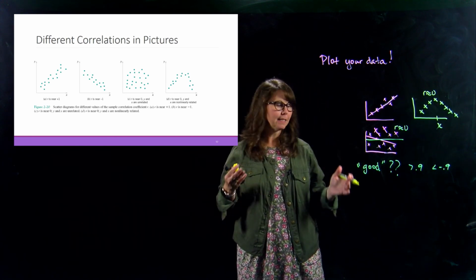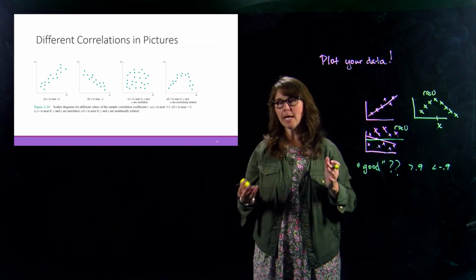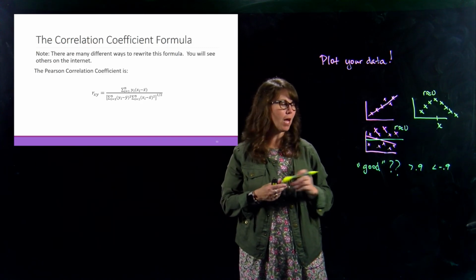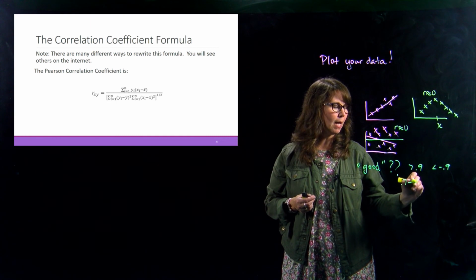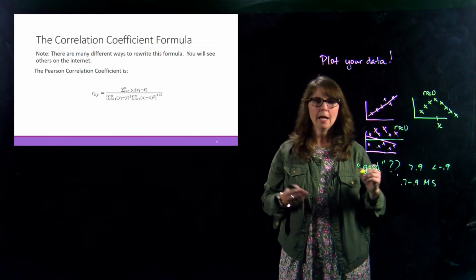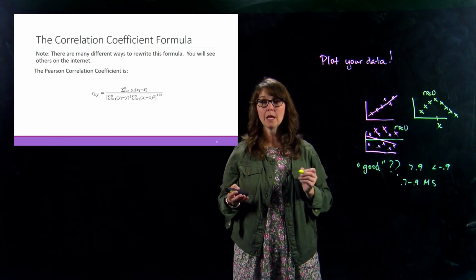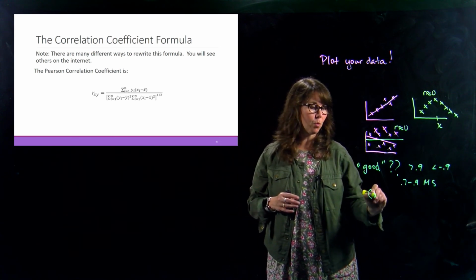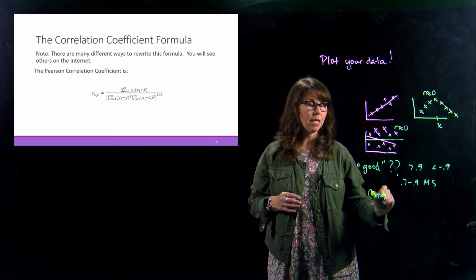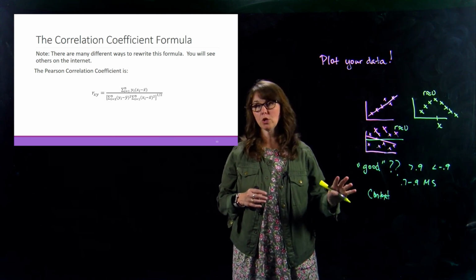Between that, you can look online and see some rules of thumb. You'll see some say 0.7 to 0.9 is moderately strong, and so on. But part of it is context. Context is pretty important in knowing your data and knowing your field.